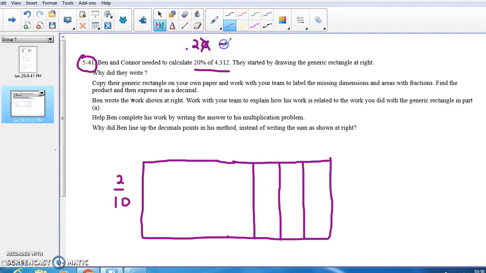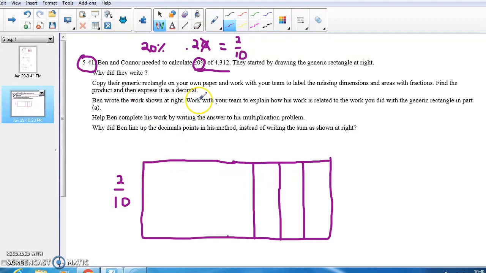If I write that as a fraction, it would be 2/10. So we have a couple equivalent things. We know that 20% is equal to 0.2, which isn't how we really say it. We would say it 2/10, which is equal to 2/10. So in this particular problem, the person who's doing it, which I think is Ben and Connor, they want to write it as 2/10 because they think that's going to be a little bit easier than writing it as 20%.